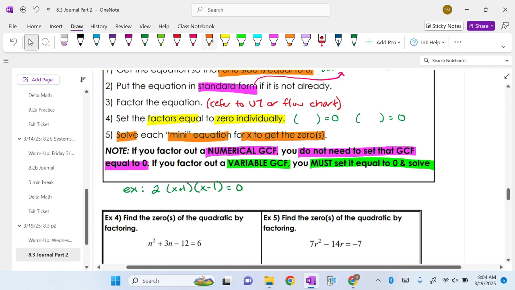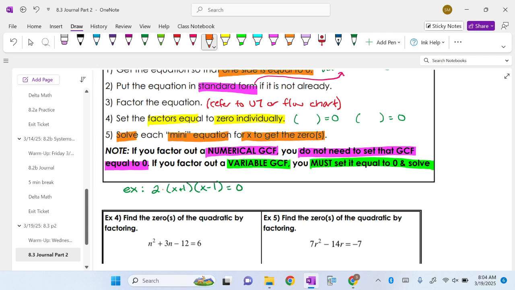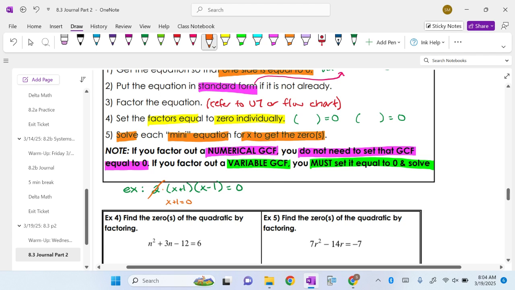Since this 2 is here, we would technically divide both sides by 2 to get rid of it, but 0 divided by anything is always what? 0. So essentially this 2 just goes bye-bye. And then we do x plus 1 equal to 0, x minus 1 equal to 0 to get our answers.